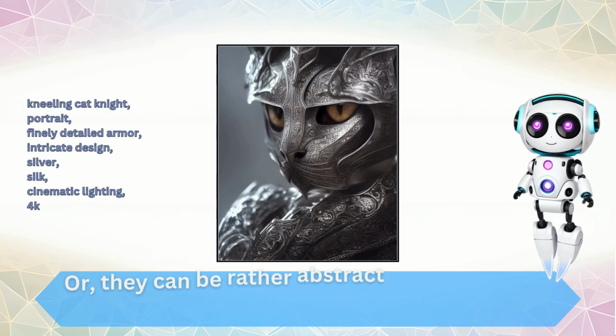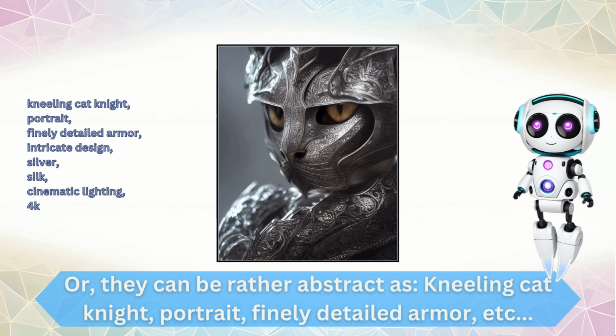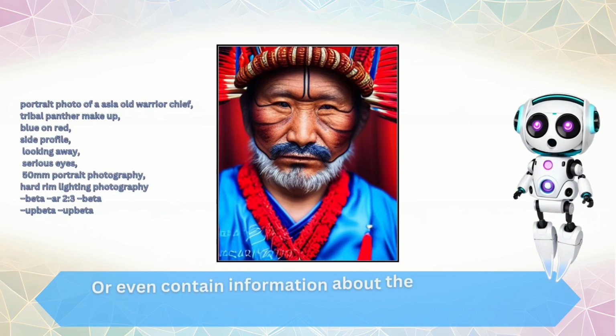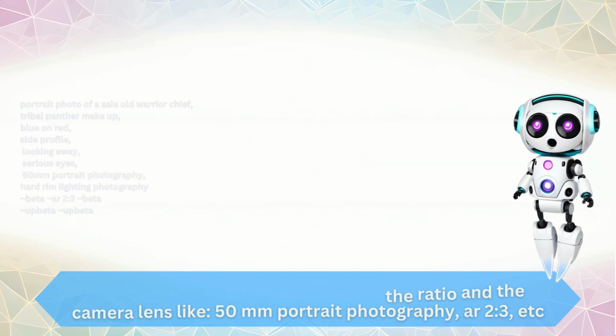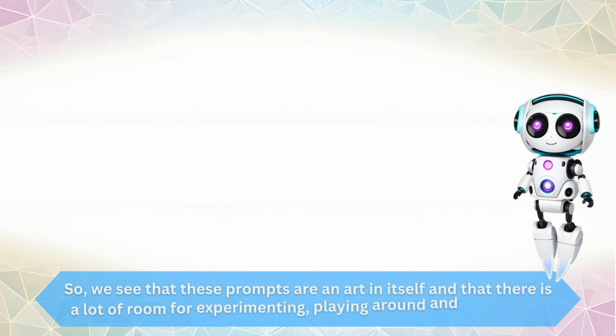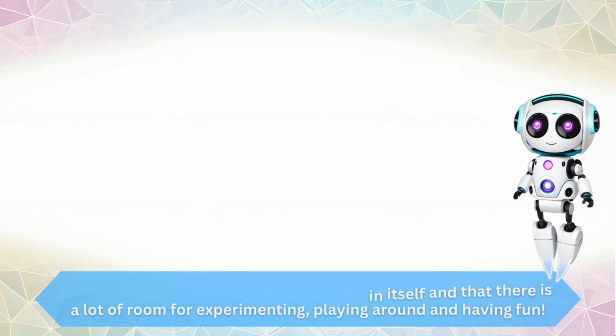Or it can be rather abstract, like kneeling cat knight, portrait, finely detailed armor, and so on. Or even contain information about the ratio and the camera lens, like 50mm portrait photography, AR 2:3, and so on. So we see that these prompts are an art in itself, and that there's a lot of room for experimenting, playing around, and having fun.